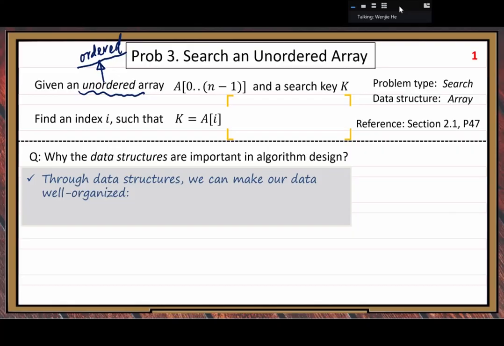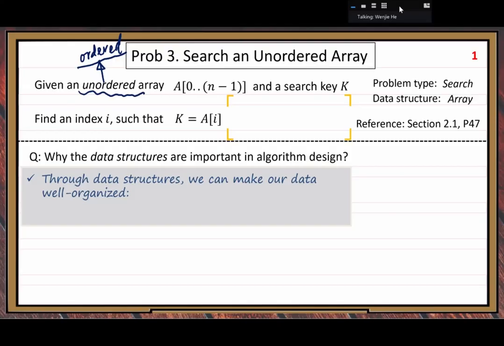After that, can you find your data faster? When the data is organized, yes, because you make it ordered. How do you make it ordered? Sorting. Next, we will learn several sorting algorithms, so we can make it ordered. After we make it ordered, we build a good structure in your data.